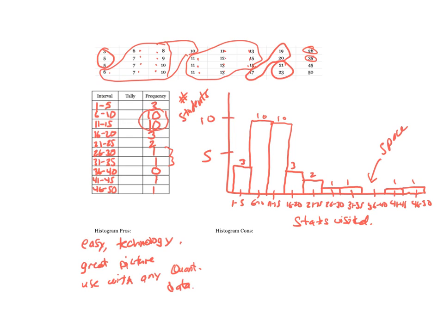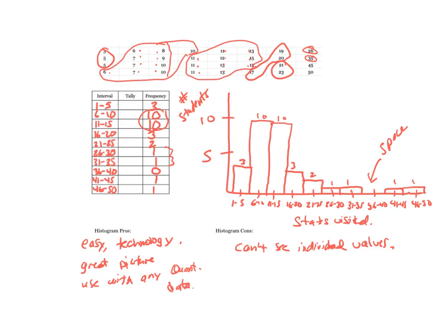The cons of a histogram: once you make the graph, you can't see individual values. If you think back to a stem and leaf plot, we could see every value because every number in the graph meant something.